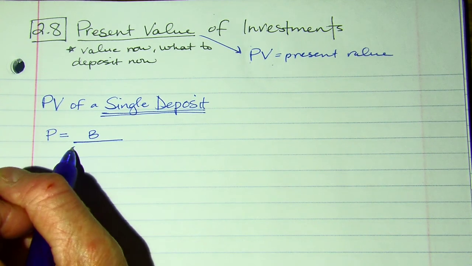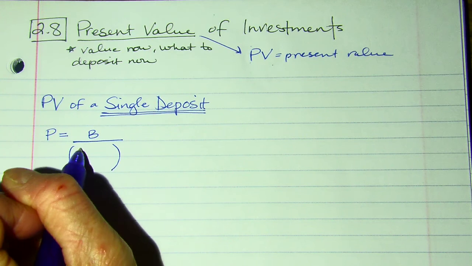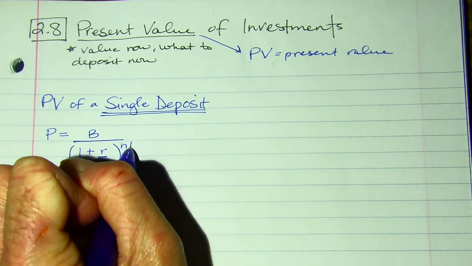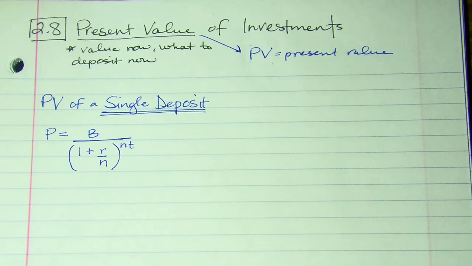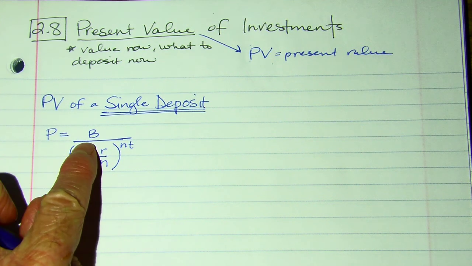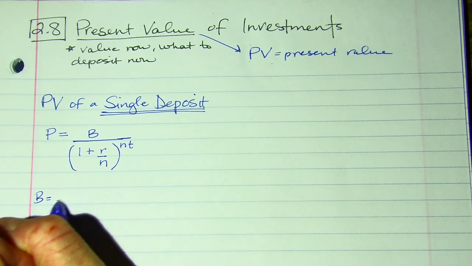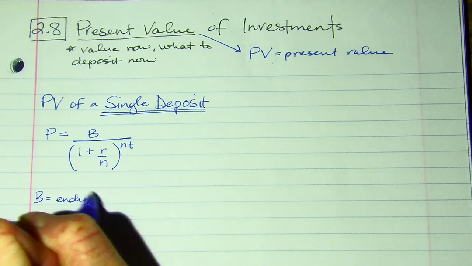It's the part that was in parentheses, that 1 plus r divided by n to the n times t. Okay, so it should look familiar, all of those pieces. P stands for present value. B would be your ending balance. Okay, so remember, B is the ending balance.